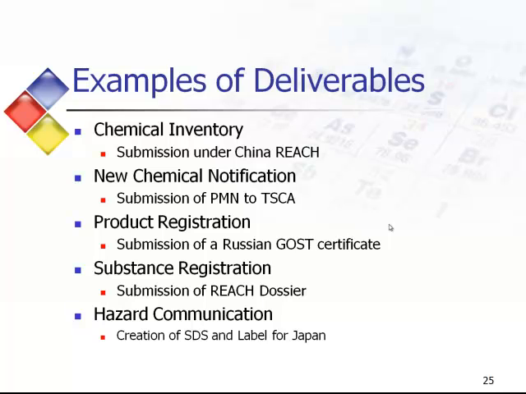Some examples: submission under China REACH, PMN, a Russian GOS certificate, submission of a REACH dossier, or the creation of the required hazard communication documents. Here's an example of the Russian GOS certificate. This is a project we had done a couple of years ago.